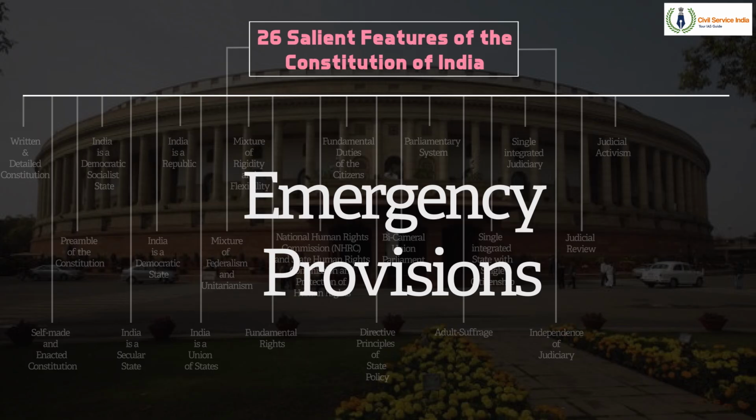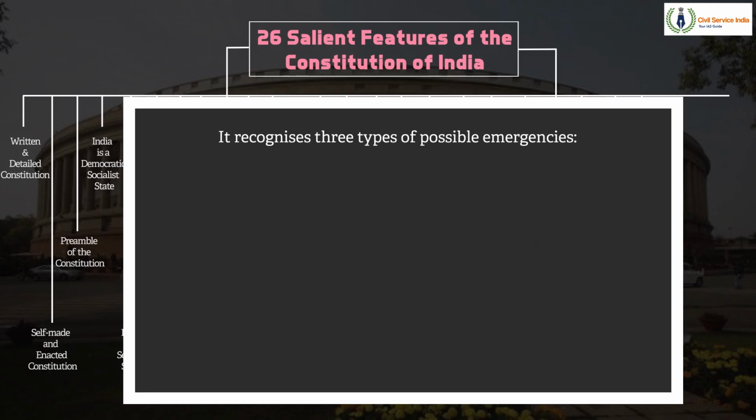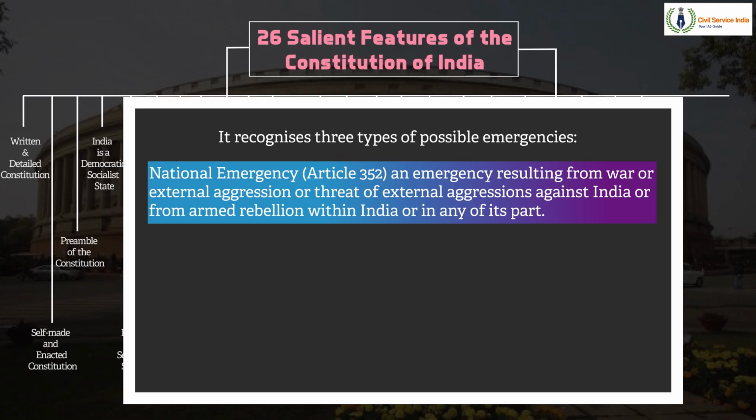Emergency provisions. The Constitution of India contains special provisions for dealing with the emergencies. It recognizes three types of possible emergencies. National emergency, Article 352, an emergency resulting from war or external aggression or threat of external aggression against India or from armed rebellion within India or in any of its part.